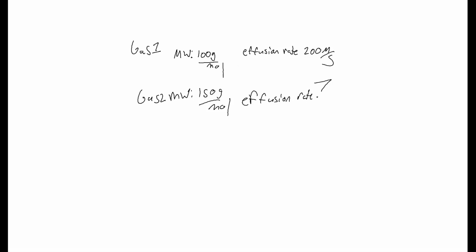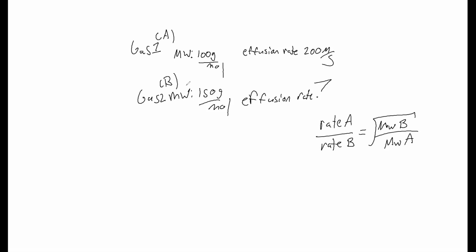Graham's Law says the rate of gas A divided by the rate of gas B is equal to the square root of the molecular weight of gas B divided by the molecular weight of gas A. I'm going to call gas 1 A and gas 2 B. It doesn't matter which one is A and B. All that matters is that you keep the rate with its molecular weight.